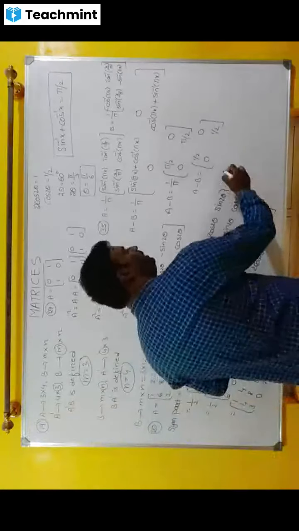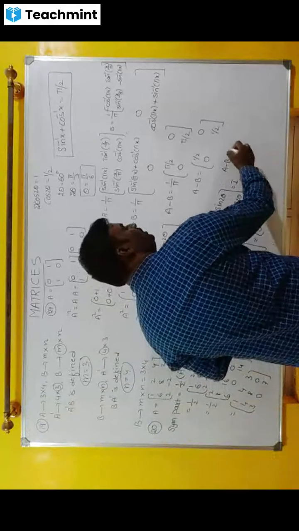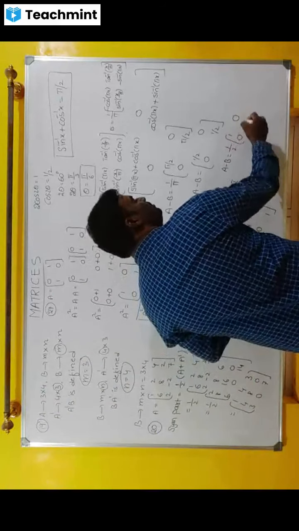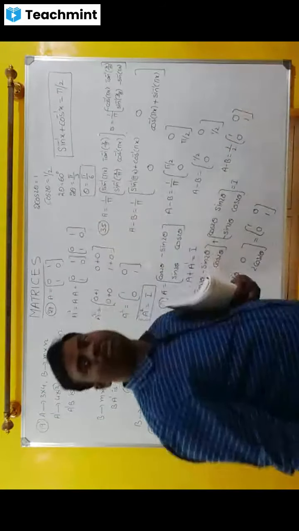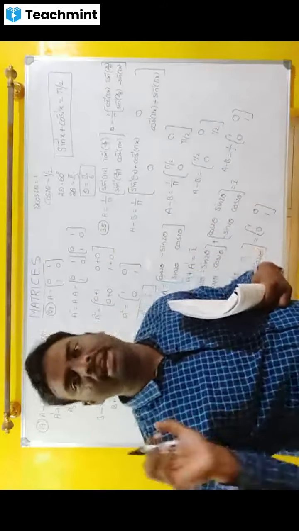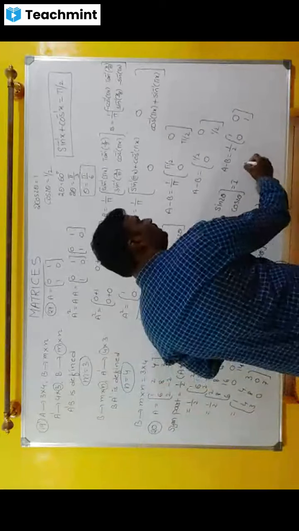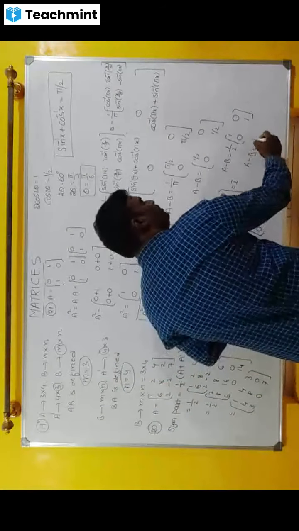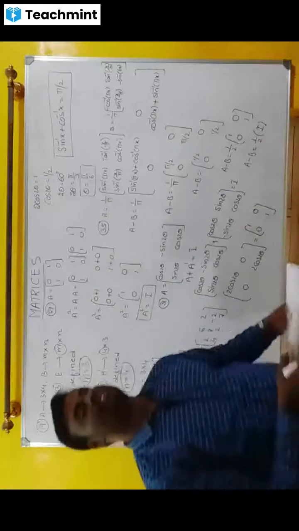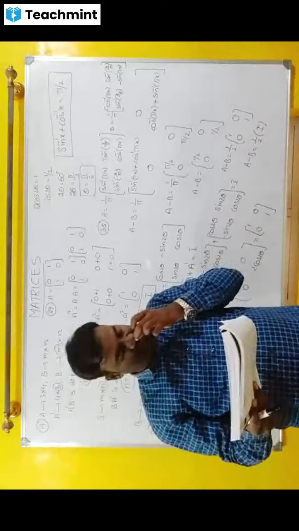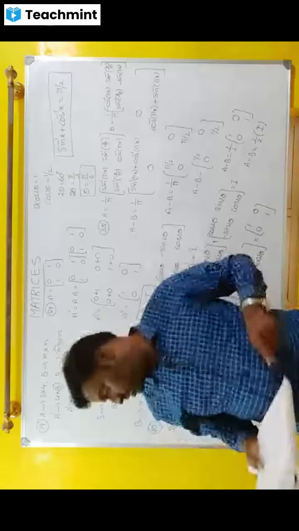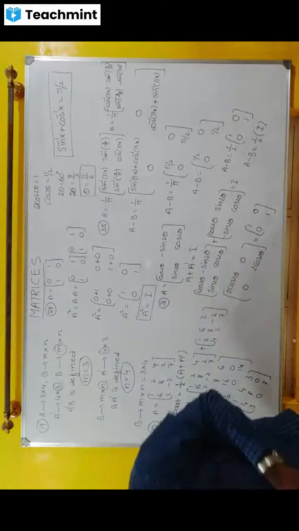Now A minus B is equal to, if you take 1 by 2 common, then 1, 0, 0, 1. But 1, 0, 0, 1 is which matrix? Identity matrix. Therefore A minus B is equal to 1 by 2 into I. This is the final answer for question number 35. That is nothing but the second option, which is the correct answer for question number 35.